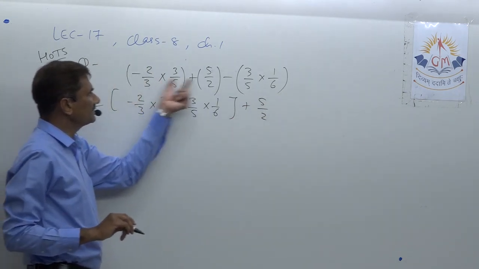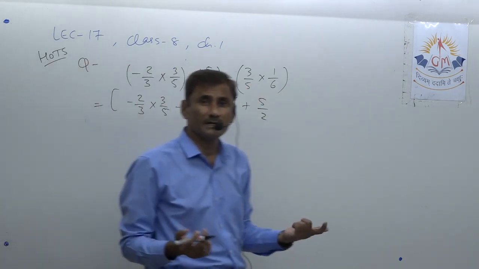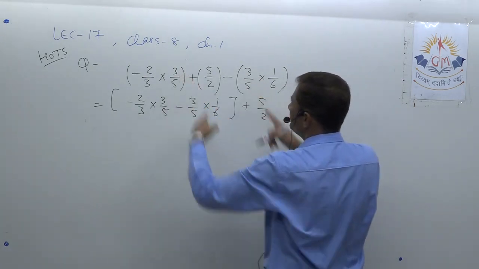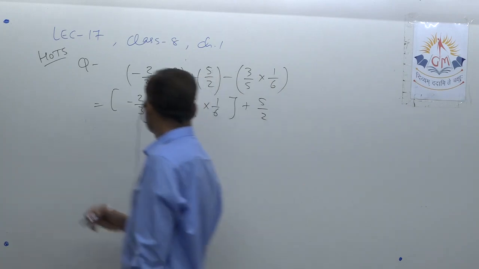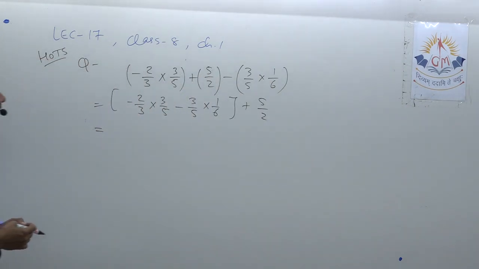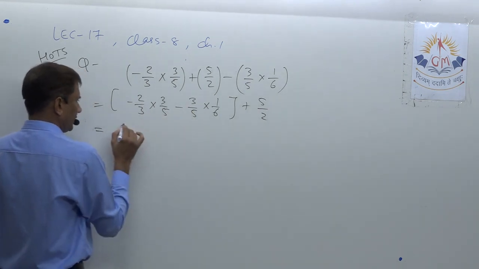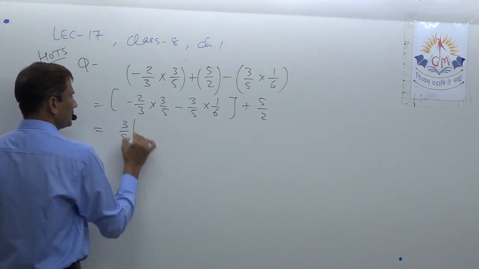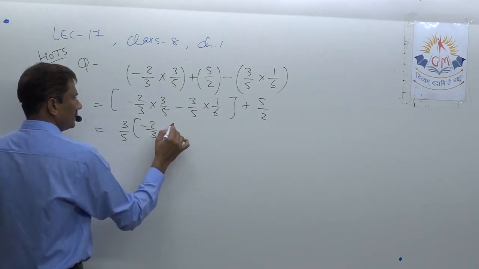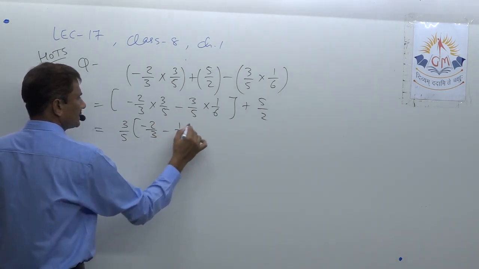Why did we select these terms only for making one group? Because they have something common. So I can take 3 by 5 common. What will be here? Minus 2 by 3 and minus 1 by 6.